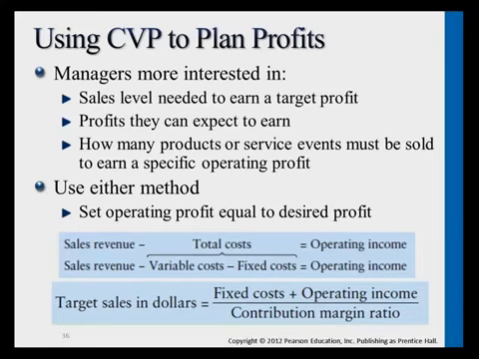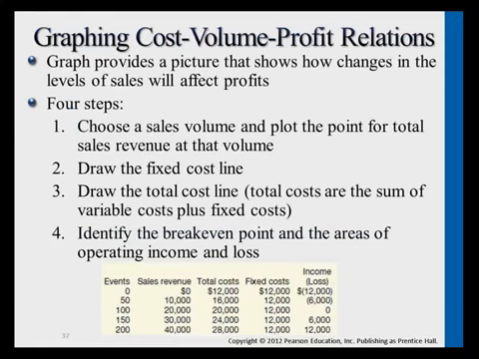Okay, so here's how we plot all of this. We need a plot so that we can see all the changes and variations in numbers. And there are 4 steps.